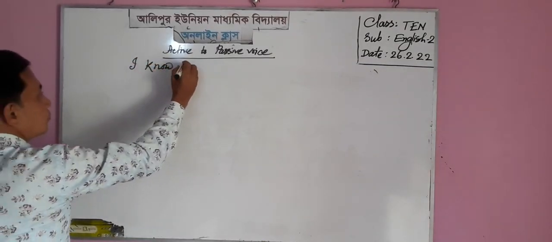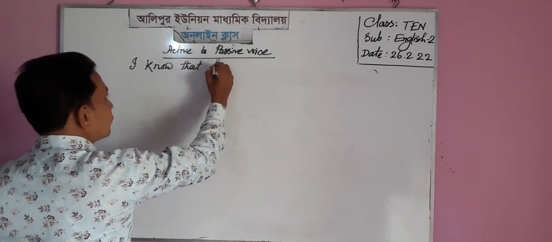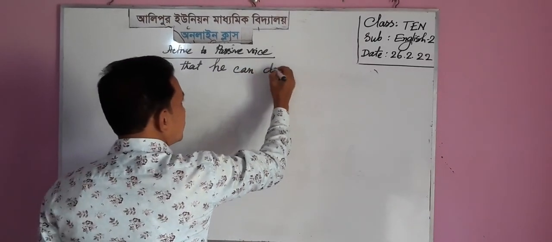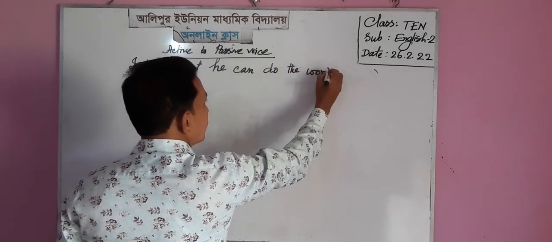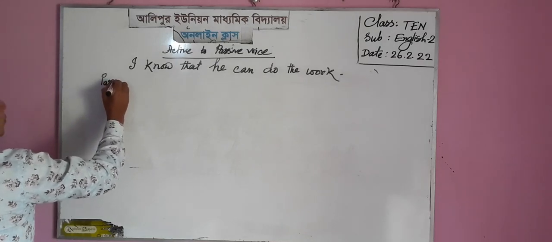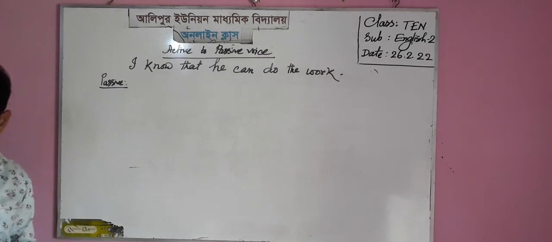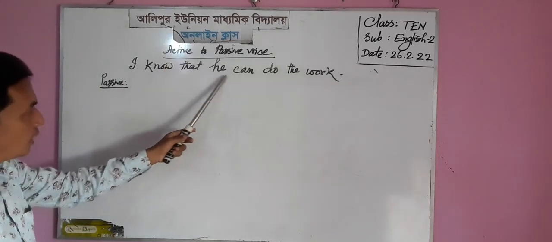I know that he can do the work. Dear students, this is the example of a complex sentence. There are two parts of the sentence.